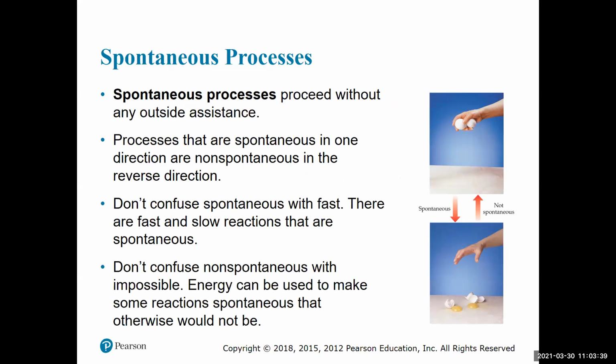When we say a process is spontaneous, what we're saying is that it happens without any outside influence or assistance, however you want to think about it. And so the example that we have here on these two pictures on the right-hand side of the slide is a person who's holding 2 eggs up over a table, and then they let go of the eggs and the eggs fall to the table, and in this case, they break.